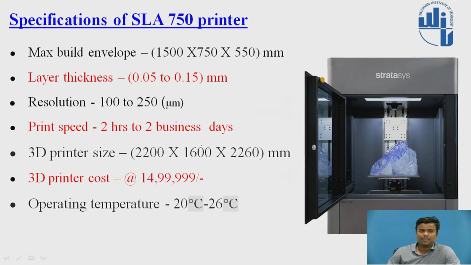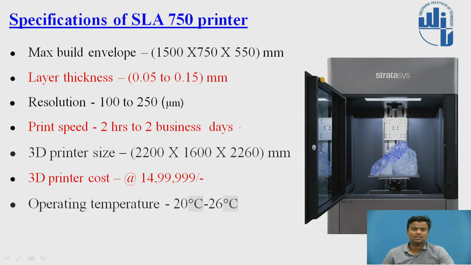The specification of the SLA 750 printer, developed by the Stratasys company: the maximum size of the 3D printer is 1500 by 750 by 550. The minimum layer thickness that we can provide in the slicing software is from 0.05 to 0.15.